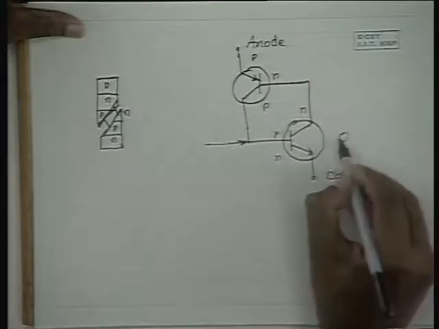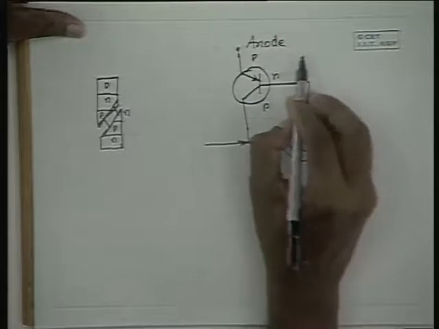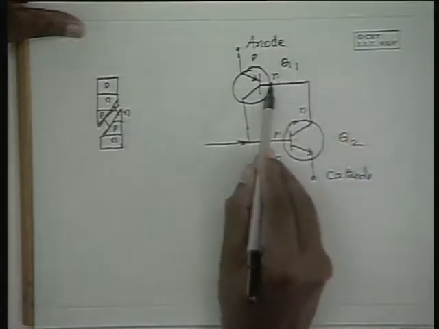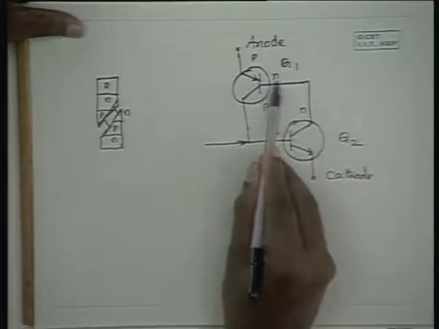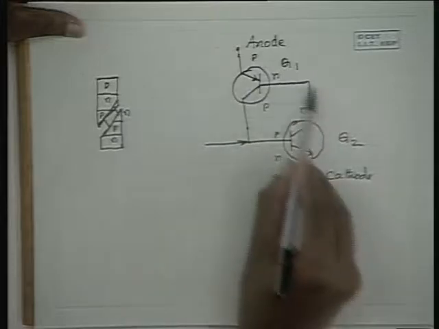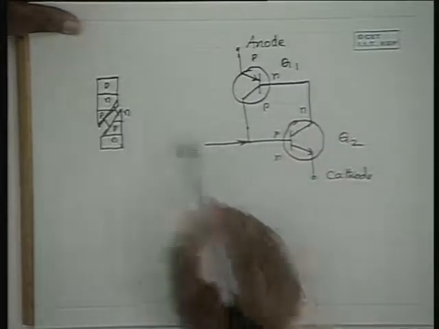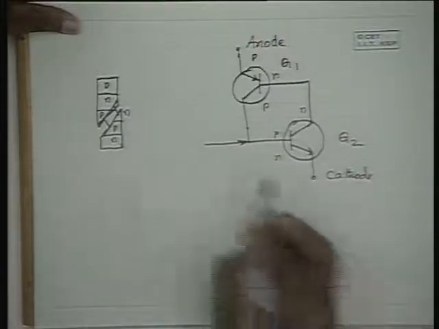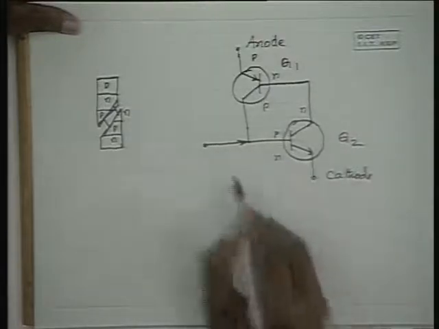Let us call this transistor Q2 and this transistor Q1. Since this N region over here is connected to the N region of Q2, this connection is valid. So this can be represented in this kind of circuit form. So this is a 3-terminal device now.